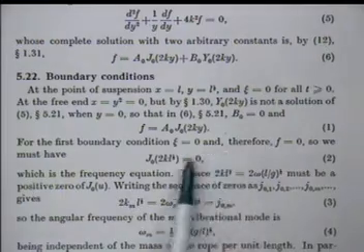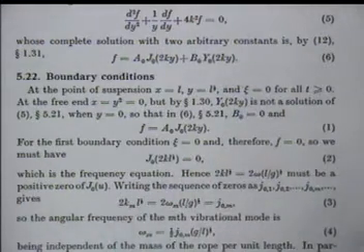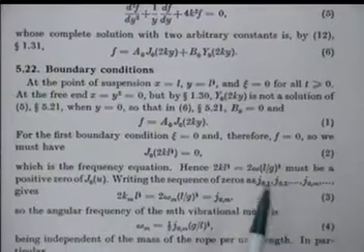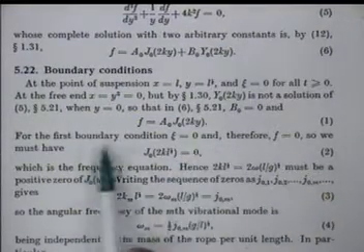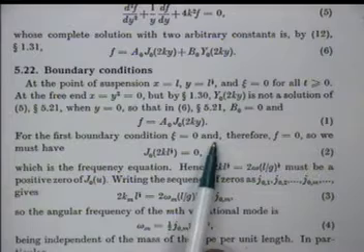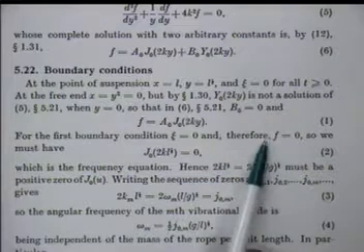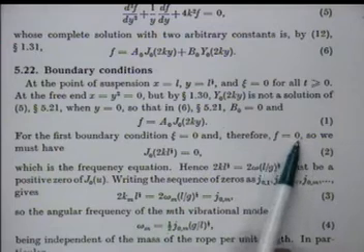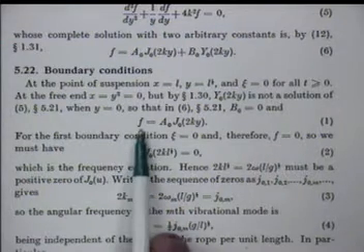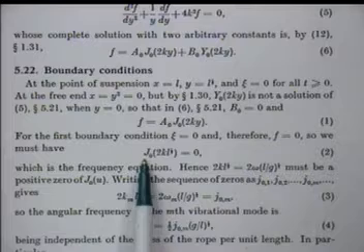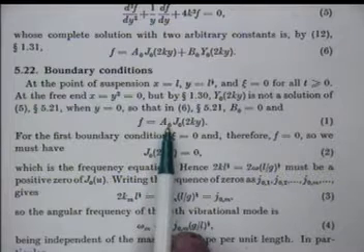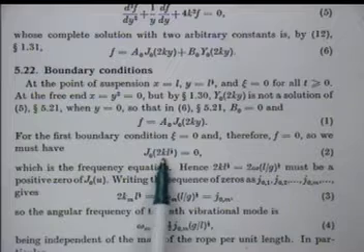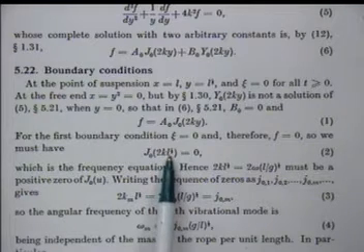There's no horizontal displacement, and that's this boundary condition. So if there's no horizontal displacement, then the function has to be equal to 0. So we set f equal to 0, and the a is going to cancel, and we're left with J0 of 2k square root of L.